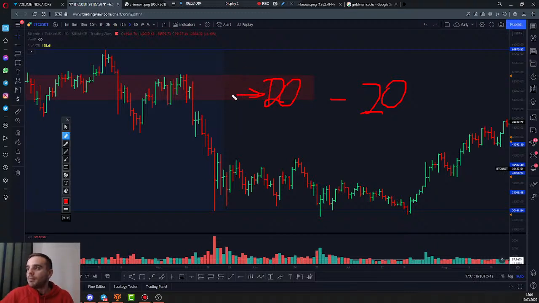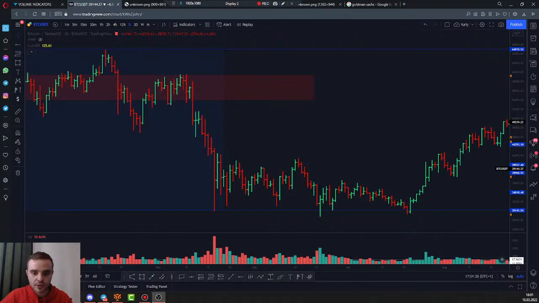But for us, the most important thing is to understand how volume works, the logic of volume. The logic of volume is simple.